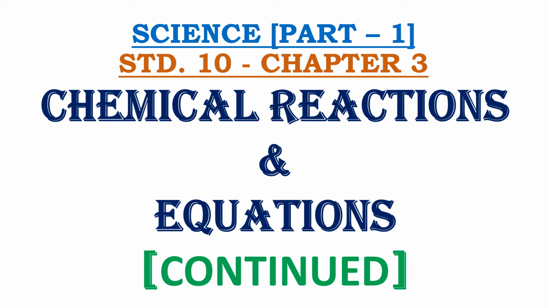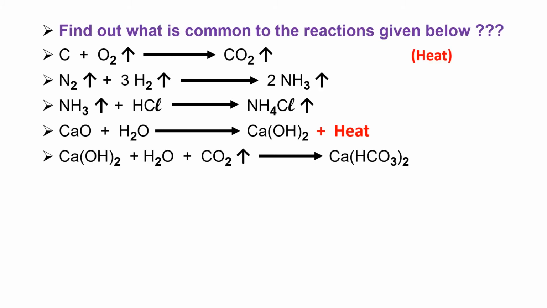So let's proceed with the first type of classification. Now boys, you can see on your screen there are some chemical reactions given there. Before I ask you the question, I just want to tell you something. If you can see on your right hand side, there is something written in brackets, for example this word heat.